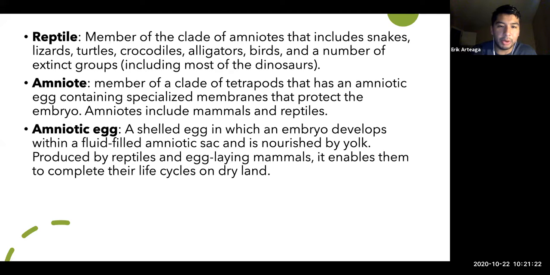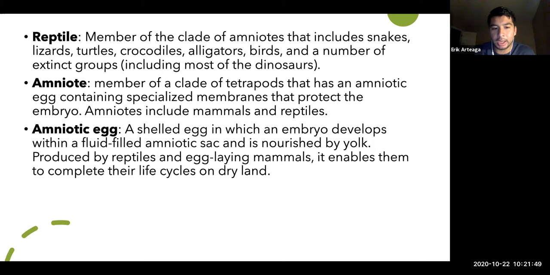Amniote: a member of a clade of tetrapods that has an amniotic egg containing specialized membranes that protect the embryo. Amniotes include mammals and reptiles. Amniotic egg: a shelled egg in which an embryo develops within a fluid-filled amniotic sac and is nourished by yolk. Produced by reptiles and egg-laying mammals, it enables them to complete their life cycles on dry land. So this amniotic egg is very important.